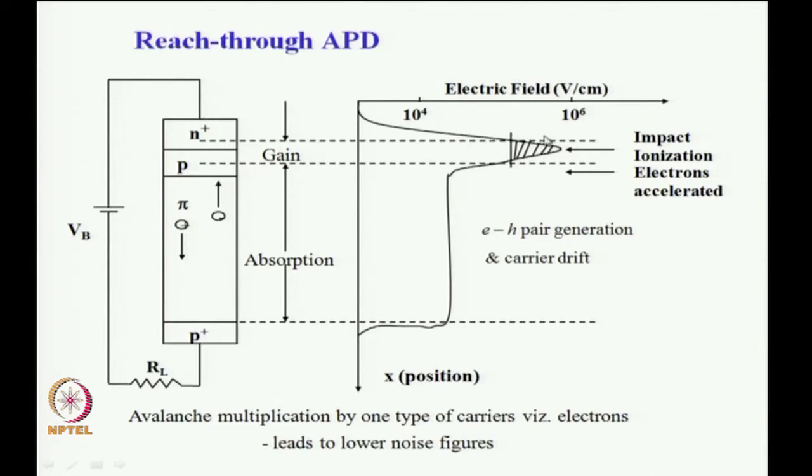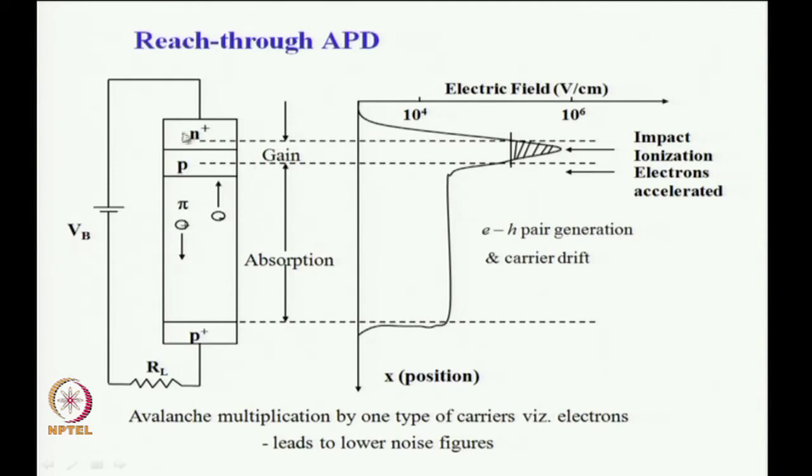In the previous region the electric field is higher than 10 to the power of 5 volt per centimeter; in this region it is much lower. Because the electric field is much lower, any carrier accelerating to either side will not have enough kinetic energy to create additional electron hole pairs.